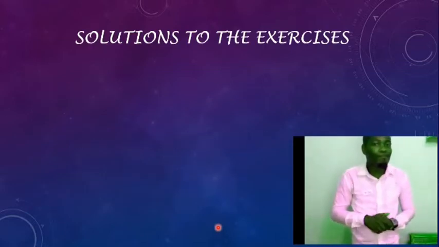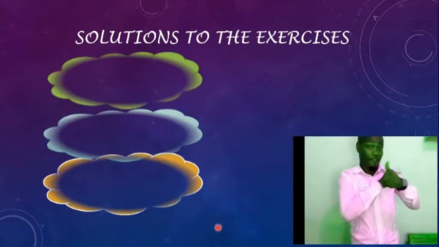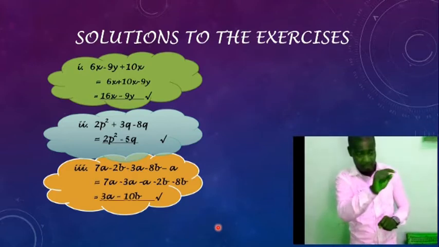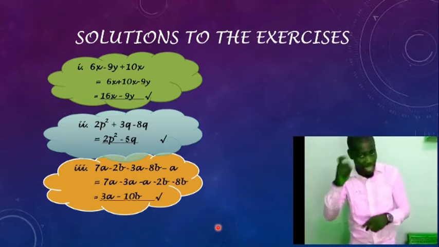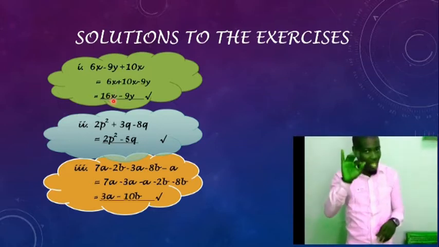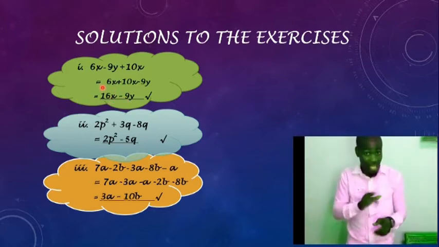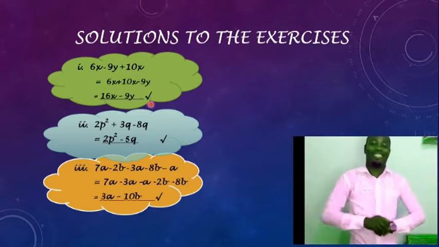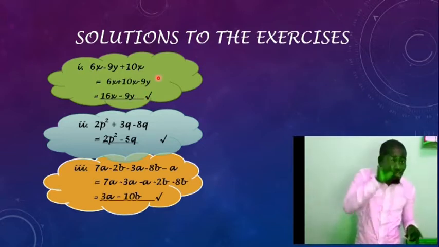Now let's solve the exercises. The first question, 6x minus 9y plus 10x, should give you 16x minus 9y as your final answer. If that's what you have, then mark it correct.